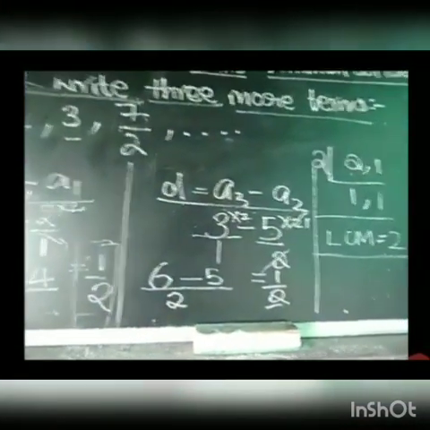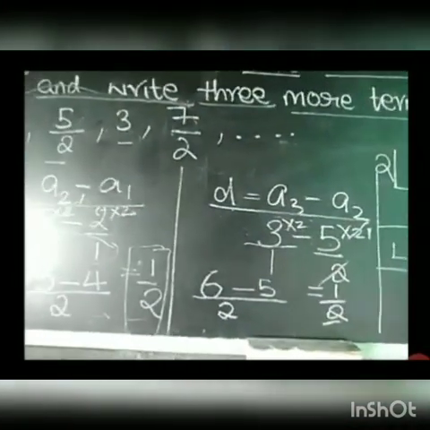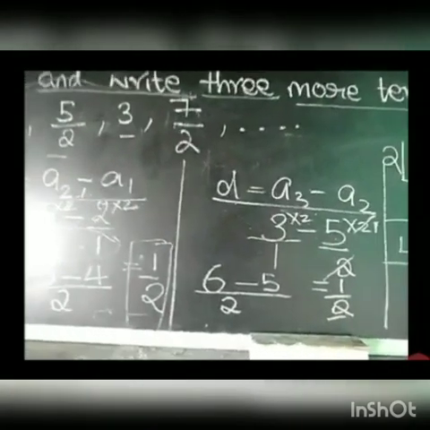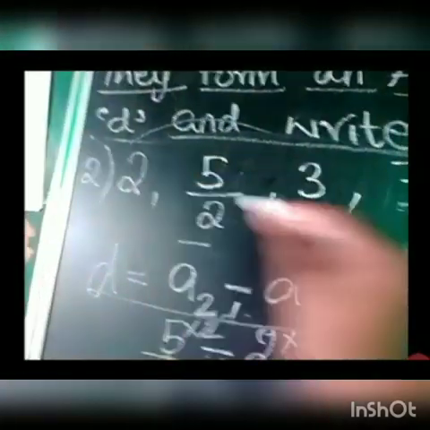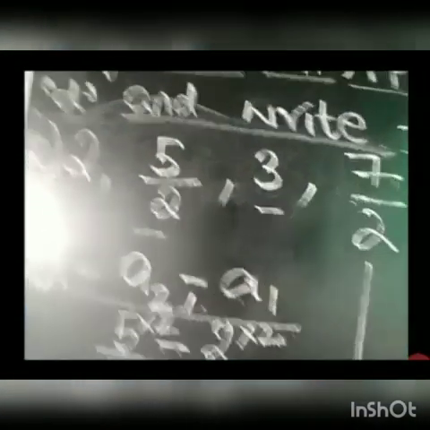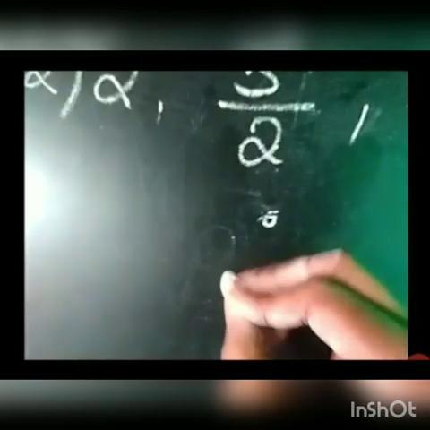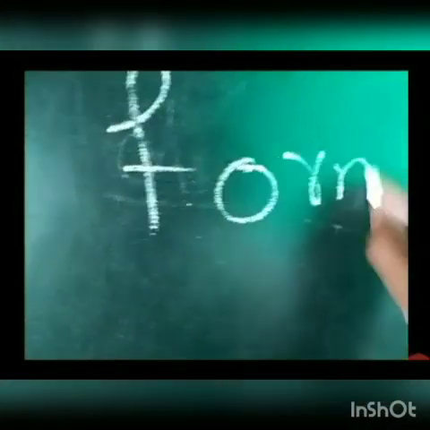That you can check in your book. Since all the common differences are same, we can say this particular sequence is forming an AP. So immediately, if we got the answer that it is forming an AP, you should write there: it forms an AP. Therefore, it forms an AP.